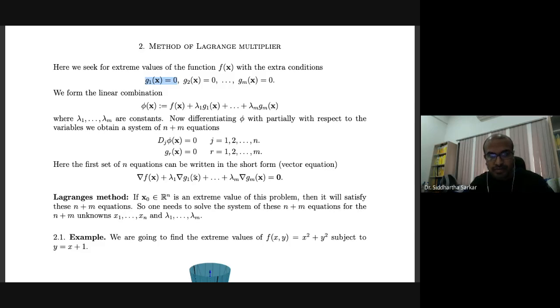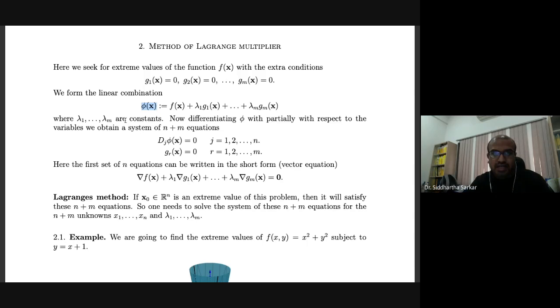And again, to prove this is not too difficult. It uses essentially the inverse function theorem. No, sorry, it just applies the implicit function theorem to write down one of the functions. So you have phi, which is from R^n to the reals.